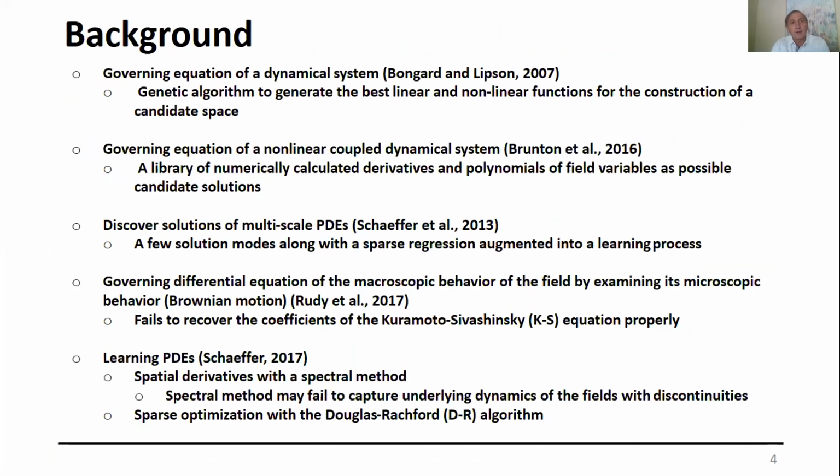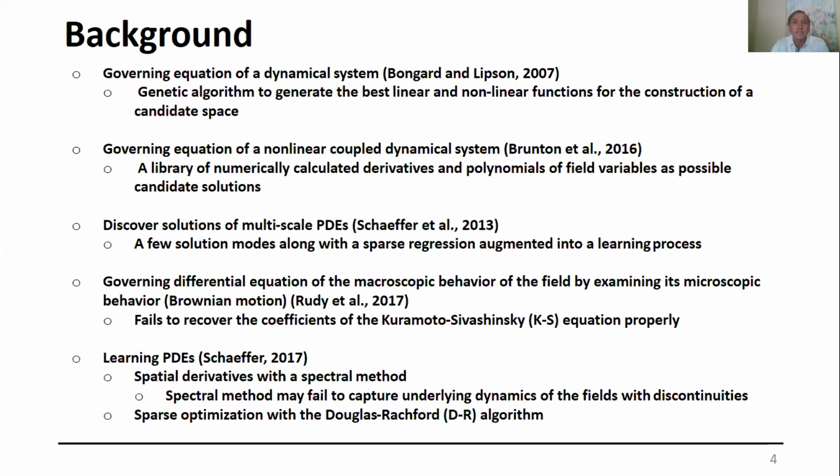So, a very brief background on this. The first work relevant to this work is Bongard and Lipson, 2007. They used a genetic algorithm to generate the best linear and nonlinear functions for constructing the candidate space, and they derived the governing equation of a dynamical system.